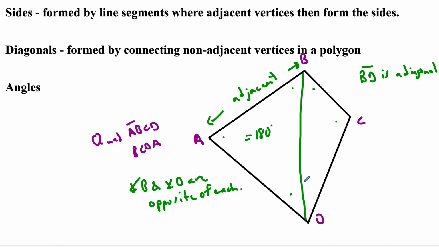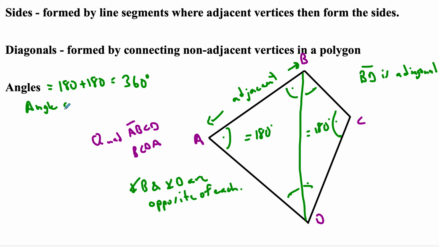Now, if you look, angle A and angle C, plus this part, plus this part, plus this part, plus this part, when you add them all up would be the grand total of 180 plus 180, or 360 degrees, which means that the angles in a quadrilateral sum to 360 degrees. So it's all the interior angles, angle A plus B plus C plus D.